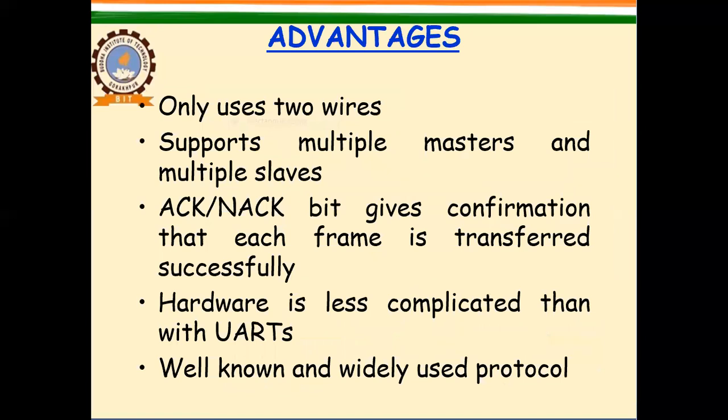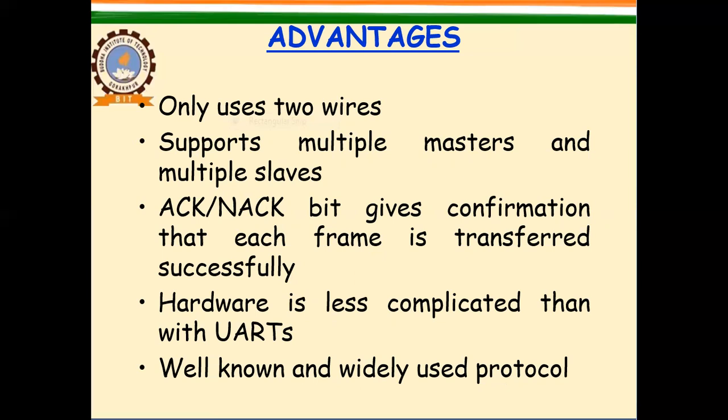One advantage is that it only uses 2 wires, so the complexity is very much reduced. It supports multiple masters and multiple slaves. Acknowledgement and no acknowledgement give confirmation that each frame is transferred successfully.